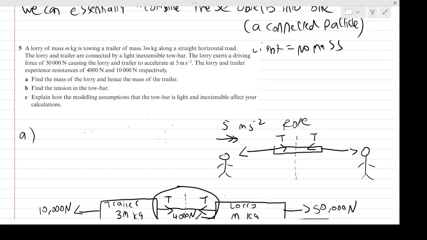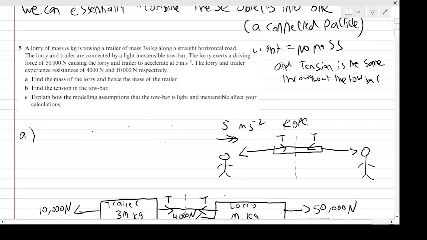But also, in addition, the tension is the same throughout the rope or throughout the tow bar. That's what light means in this context, okay?